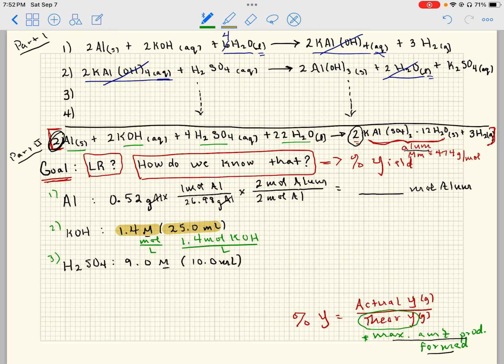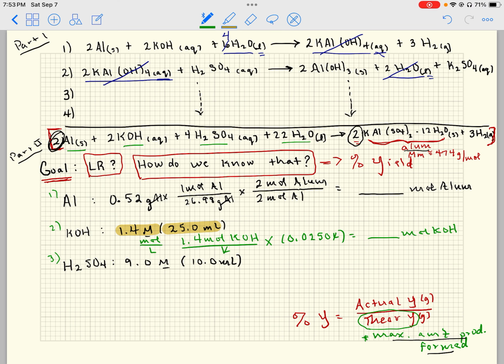And so I've got to figure out how many moles of alum are formed. So I've got to get to moles of potassium hydroxide first. I used 25.0 mLs. That will be different for you, potentially could be. But I'm going to convert it to liters in order to get to moles of potassium hydroxide.